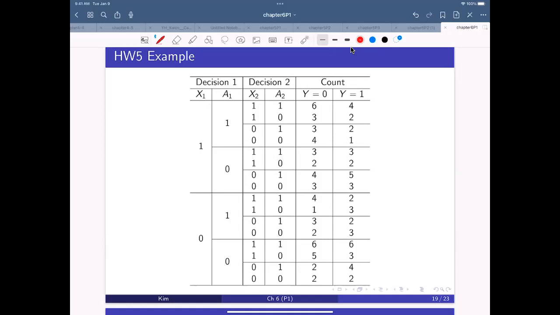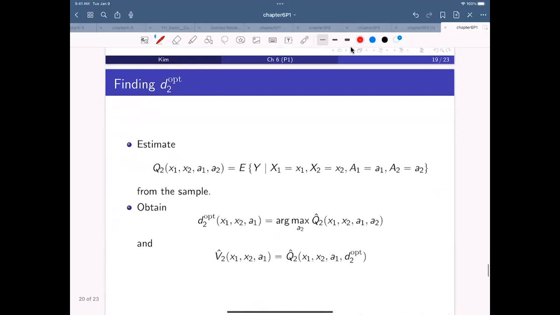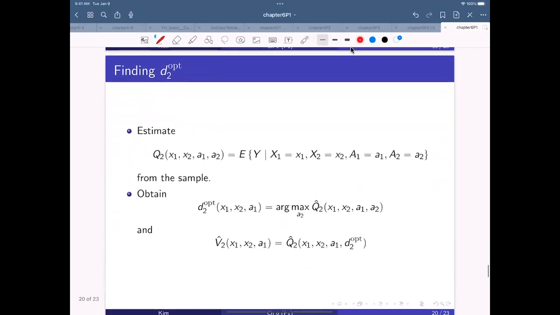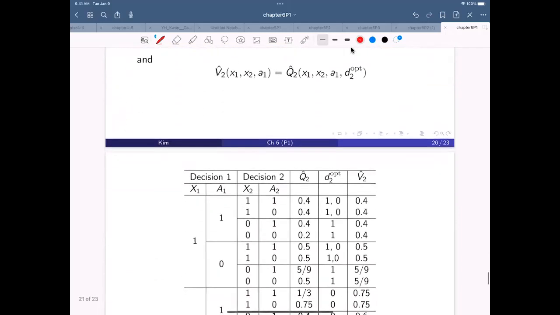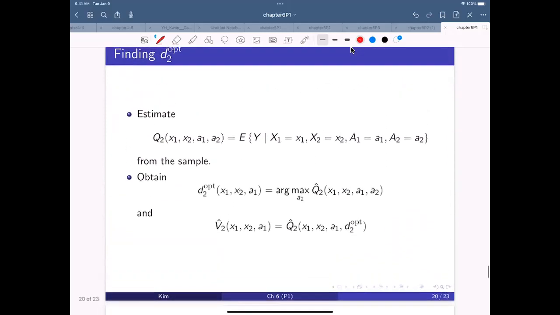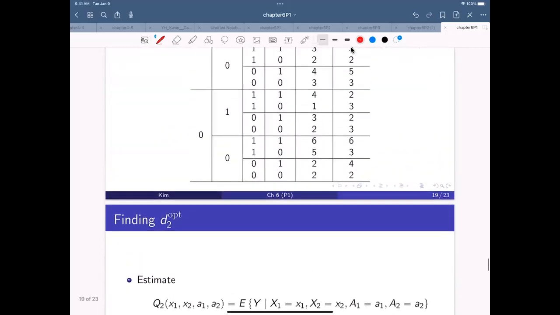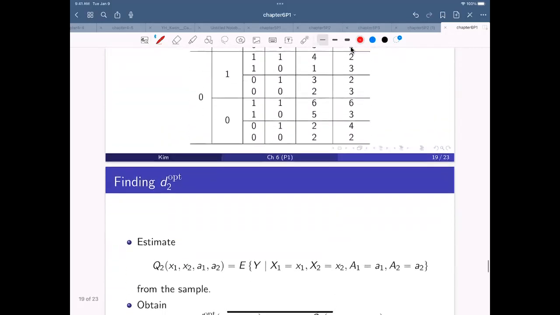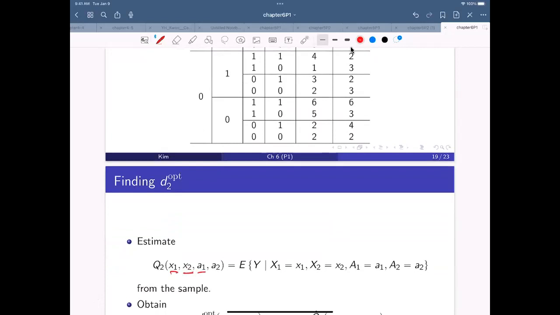Basically, we later show that this Q2 is just this: the conditional expectation of Y given the observed history. So what do I mean by this? We have these four combinations: X1, X2, A1, A2.